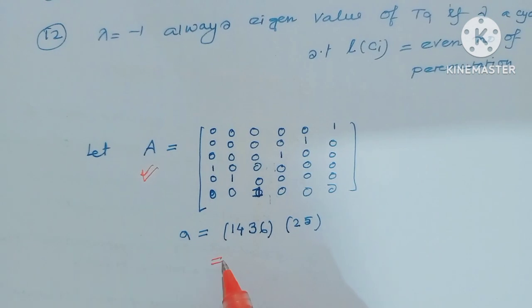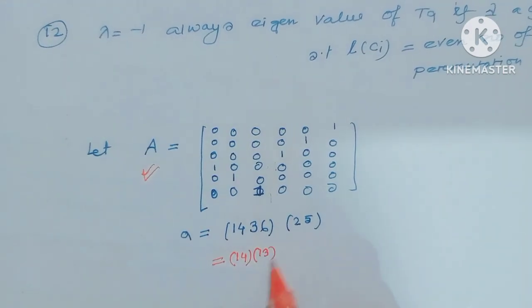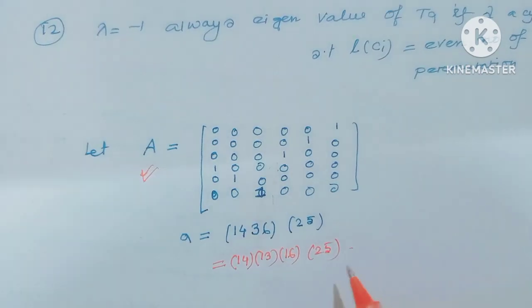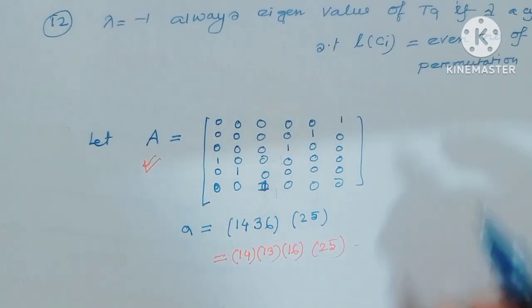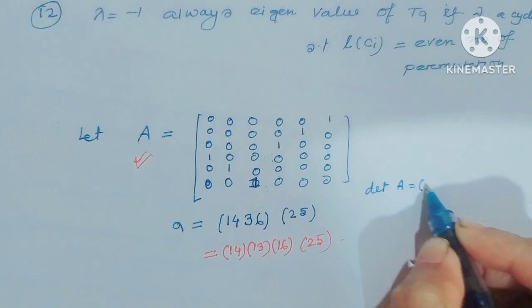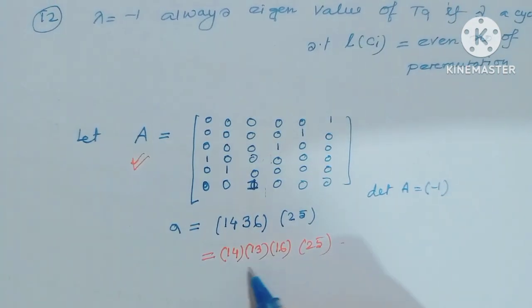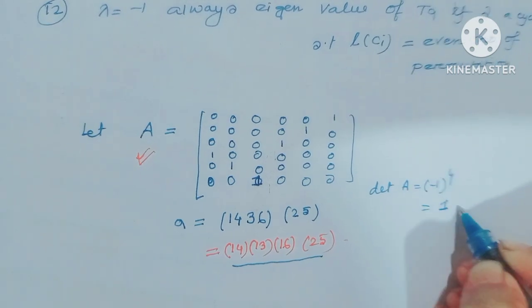Therefore, the permutation is of this type: 1 4, 1 3, 1 6, 2 5. Okay, this is the sigma, and the determinant of the matrix A is minus 1 to the power of the number of transpositions. Here the number of transpositions is 4, so this value is 1.